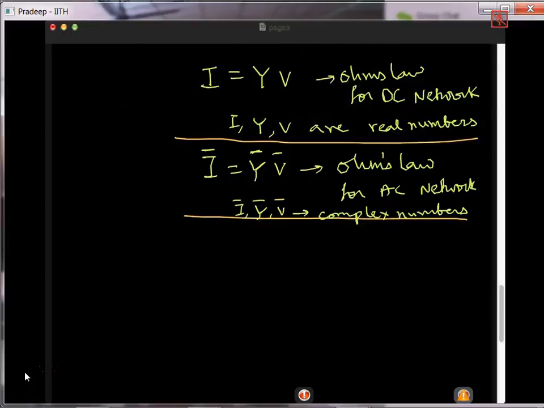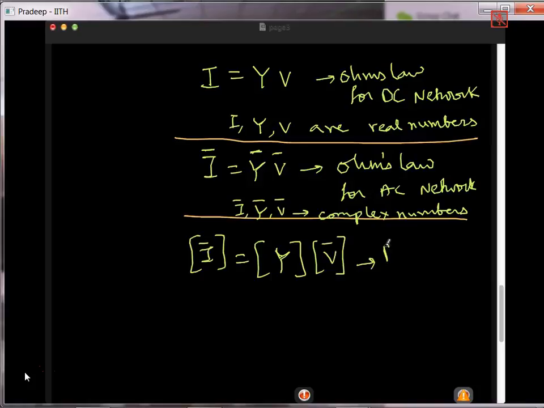Now if I have this other one, I equal to Y into V, this is n equations. This is n rows one column, this is n rows n columns, and this is n rows one column.